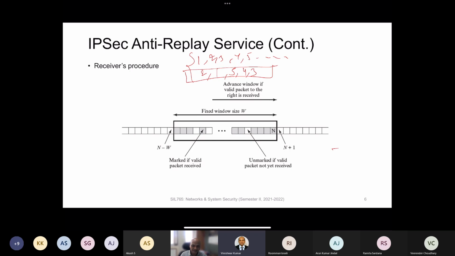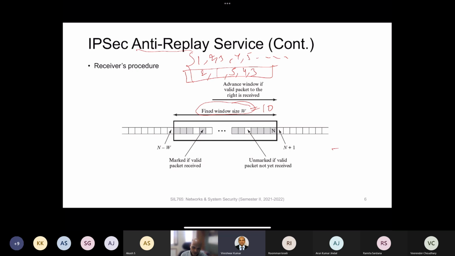The second thing is that the receiver has to provide this anti-replay service. It has to prevent replay attacks as well. Considering both these aspects, the design utilized for the receiver's procedure in IPsec is as follows. The receiver considers a window size W. Let's say this number is just 10.